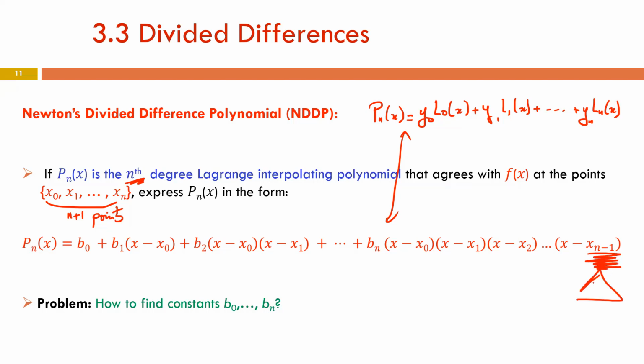Be careful here. Then x minus xn doesn't appear. Otherwise, multiplying by x minus xn would give a polynomial of degree n plus 1.